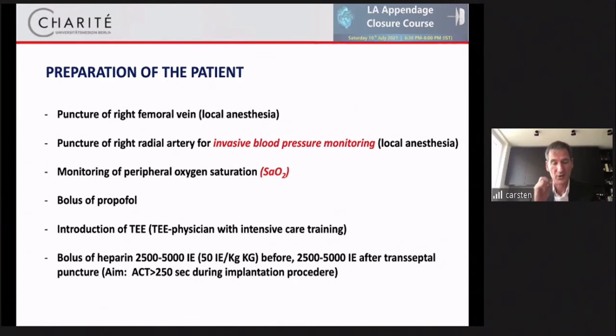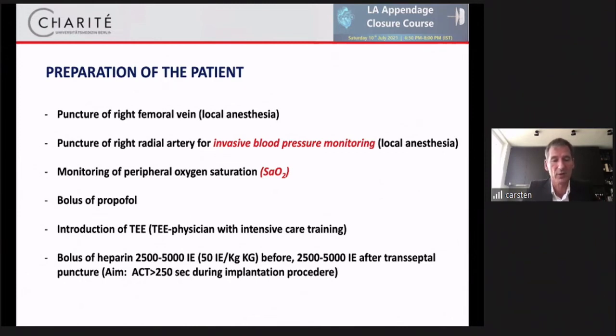So we do it basically like you do it in India. We puncture the right femoral vein under local anesthesia, but we want to have invasive blood pressure monitoring in case something goes wrong. So we use the radial artery, not the femoral one, in order to prevent bleeding complications.